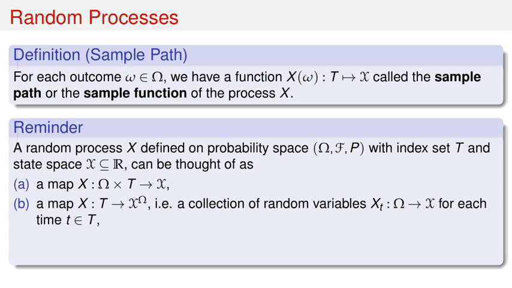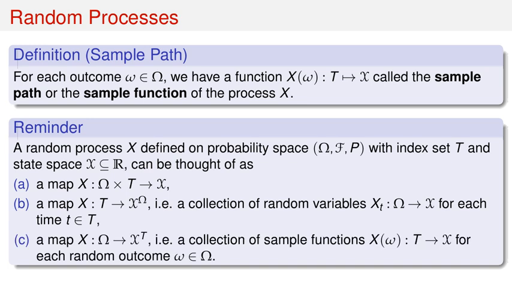B, as a map X from T to 𝒳^Ω. This means it's a collection of random variables X_t, each mapping Ω to 𝒳, indexed by t in T. This is often the most common way to think about it. C, as a map X from Ω to 𝒳^T. This means it's a collection of sample functions X(ω), each mapping T to 𝒳, indexed by the random outcome ω in Ω.